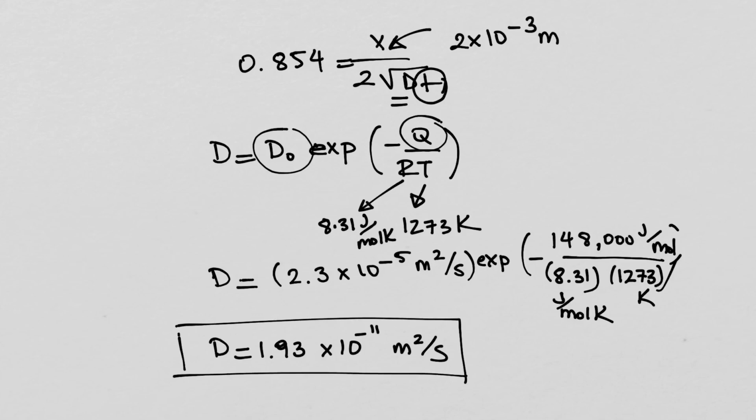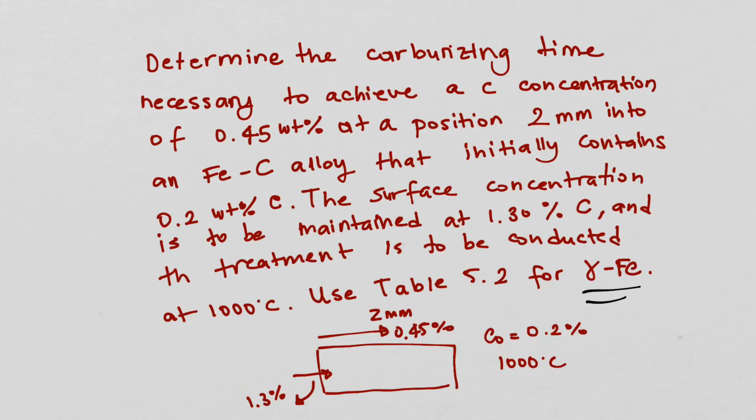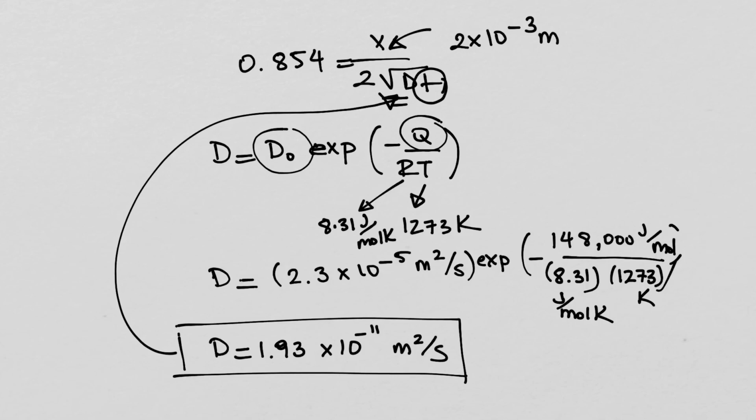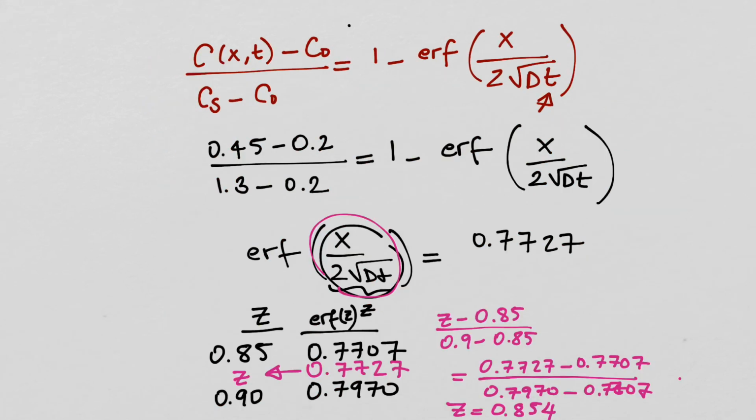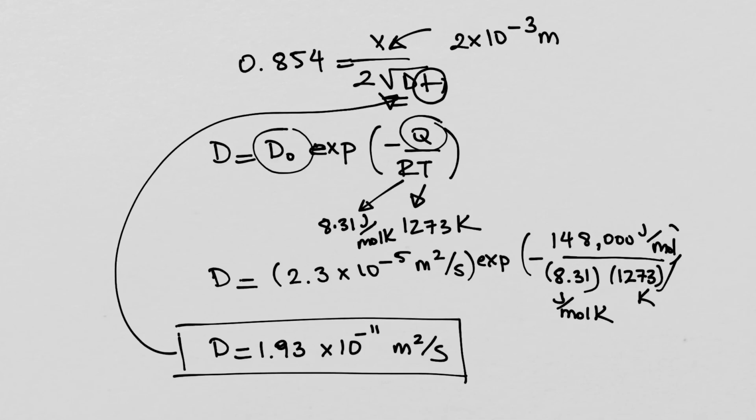Now we know the diffusion coefficient. I can plug this in here and calculate what the time is. So with all this information, with the system given and concentrations given, you are able to calculate the time required. At a depth of 2 millimeters, what is the concentration of carbon you expect? That is also given to us already, for that time frame.